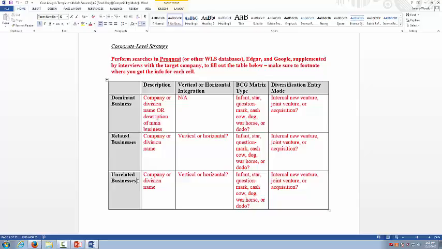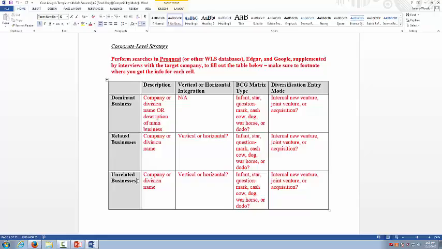Let's use one of your examples. Group I, what company are you focusing on? Amazon. Okay, so Amazon, dominant business. What's their dominant business? Online selling. Yeah. So here, we're just going to put online sales through the Amazon portal.